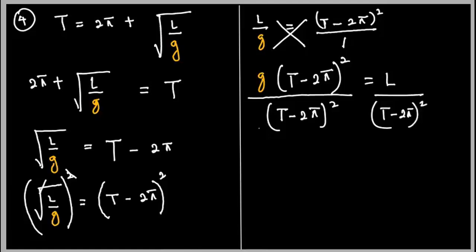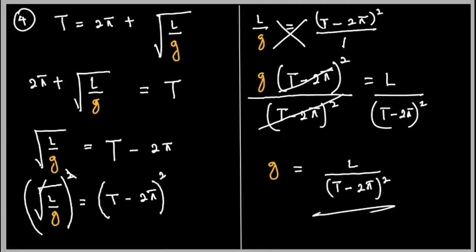And then finally, we cancel the common factors here. Therefore, G is equal to L over T minus 2 pi all squared. So this is my final answer.